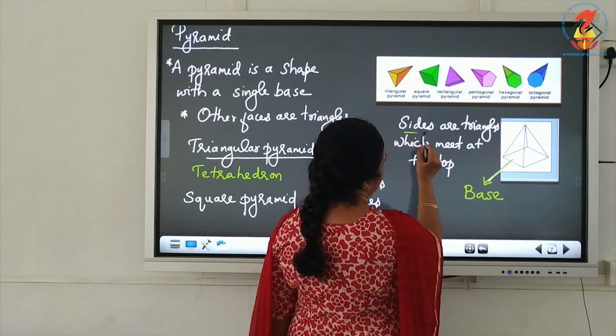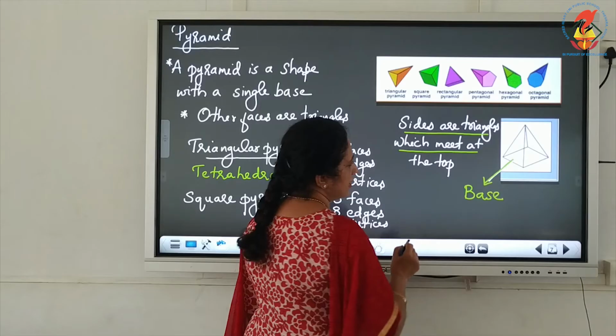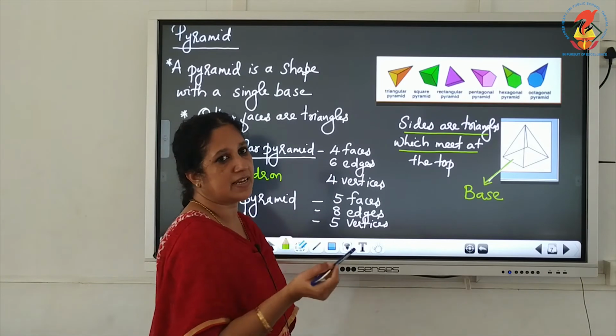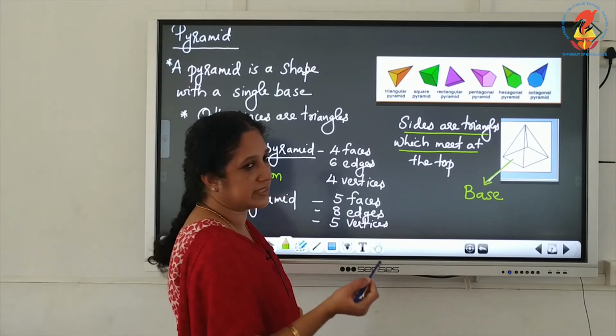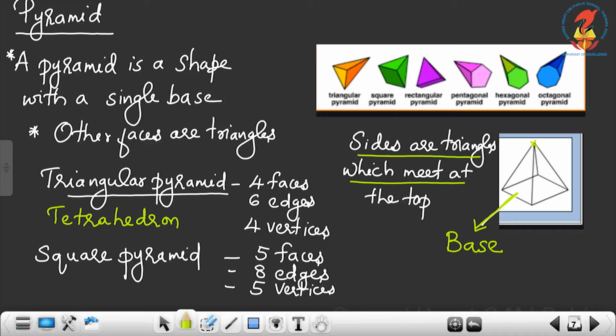And what about the side faces? The side faces are triangles, and they will meet at the top. This shape is known as the pyramid.